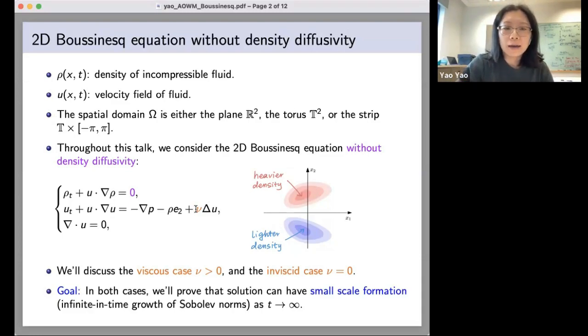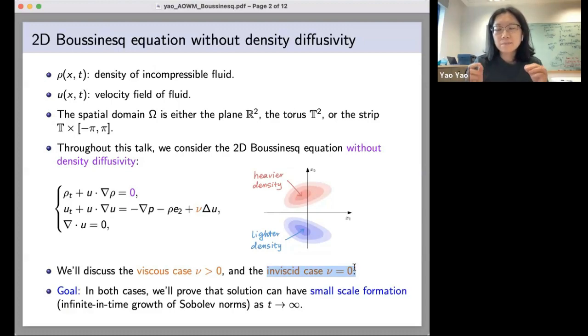The last term here is the viscosity of the velocity. We are going to work with both cases: either the viscous case, where the viscosity coefficient mu is positive, or the inviscid case, where mu is equal to 0. In both cases, our goal is to prove that as time goes to infinity, the solution can have some small scale formation.